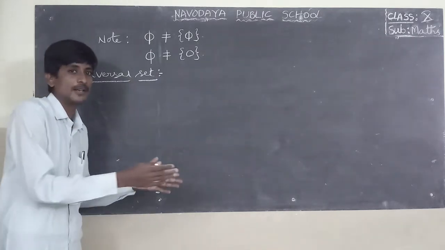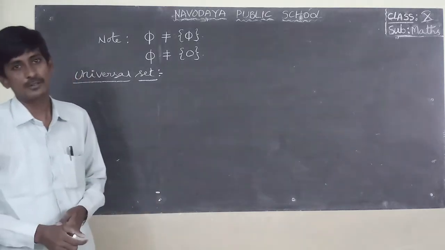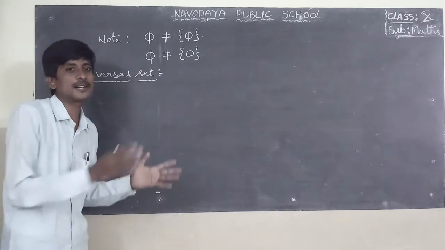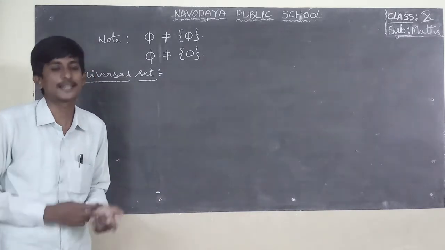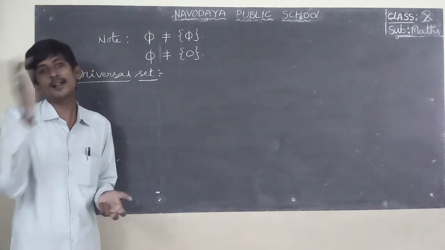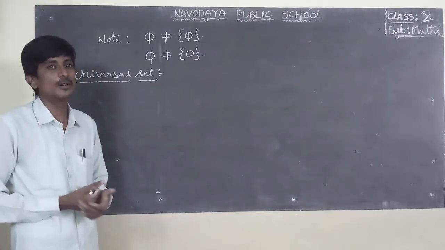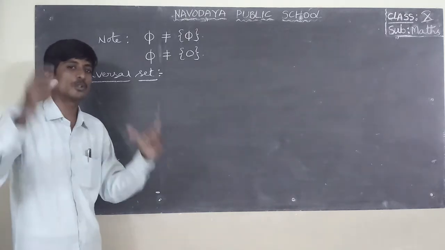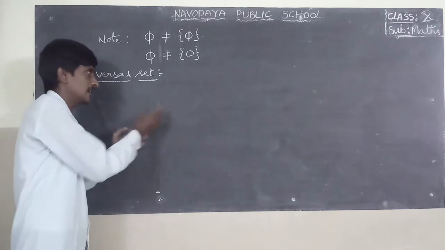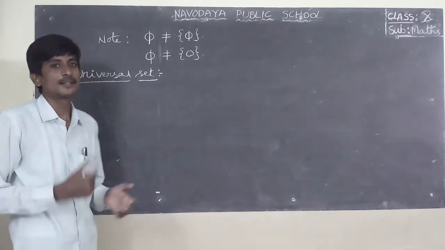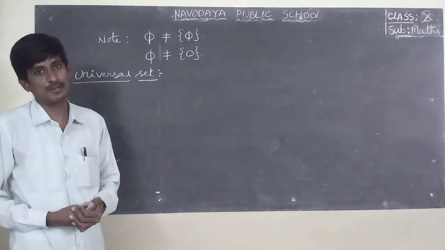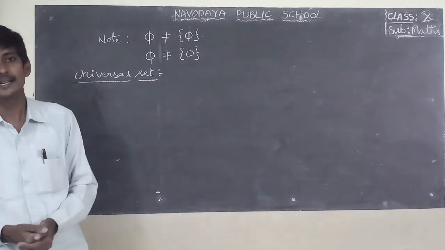For example, this Navodaya school is a universal set for all classes, first to 10th class, because in that Navodaya school, all classes are there. So Navodaya school is the universal set. Universal means the biggest set of all the given sets, including all the remaining sets.